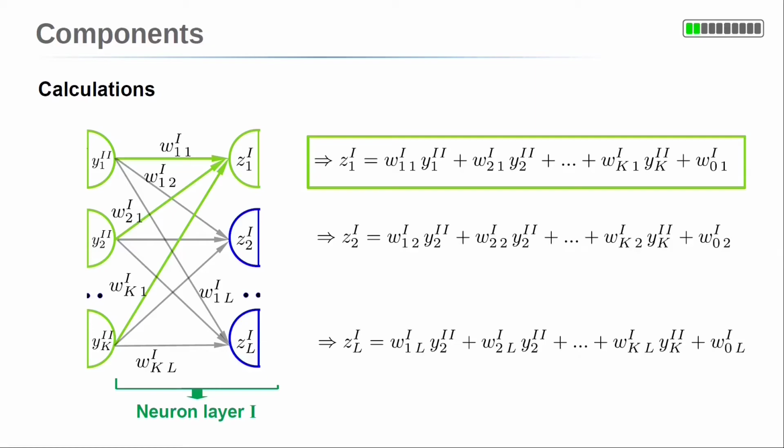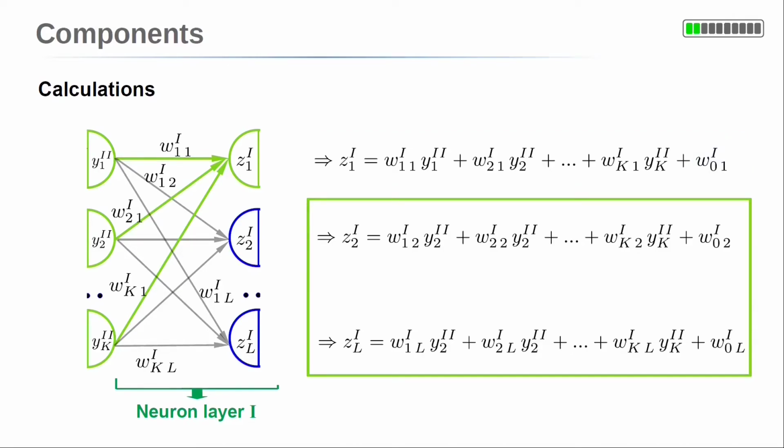This gives v1, the summation at the first neuron of layer 1, is equal to w11, the weight connecting the neurons on the top, times y1, the first output of the preceding layer, plus w21, the weight connecting the second input to our first neuron, times y2, the second output of the preceding layer, plus, and so on, plus wK1, the weight connecting the last input to our first neuron, times yK, the last output of the preceding layer, plus w01, the bias term of the first neuron.